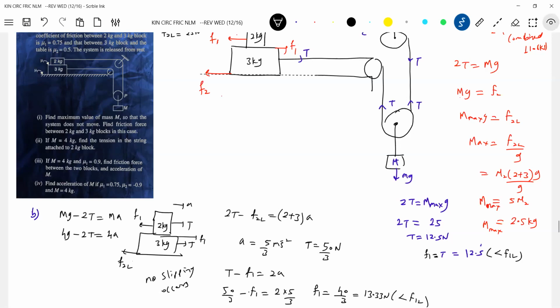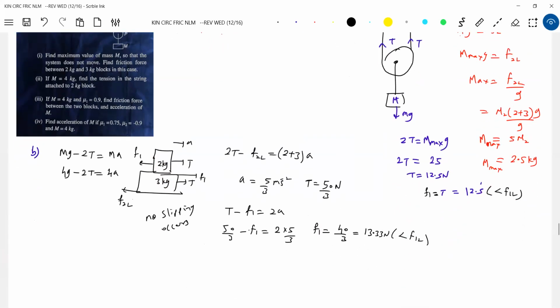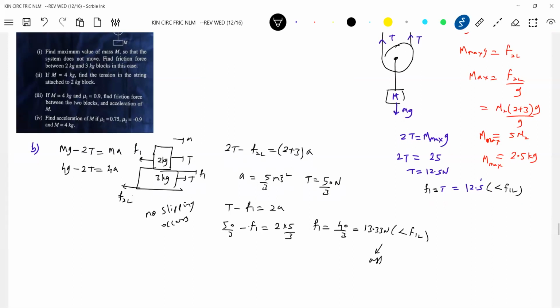So this is very important. This is what students actually see. Don't assume that no slipping and do the problem and you get an answer and say, okay, sir, this is what happens. So first, check whether no slipping occurs or not. So how to check it? Calculate the friction acting between 2 kg and 3 kg block. If it is less than F1L, then what we assumed is correct. Assumed condition is correct.